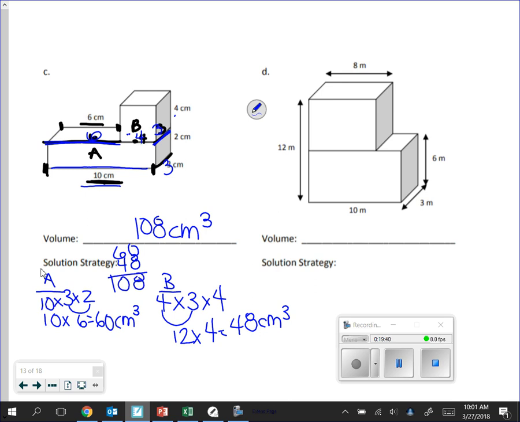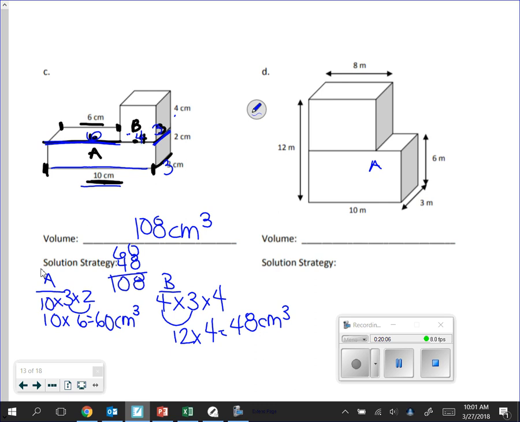So, looking at D, if we were going to figure out the total volume for shape D, let's look at what we do know. For shape D, I might even just start writing my stuff out.